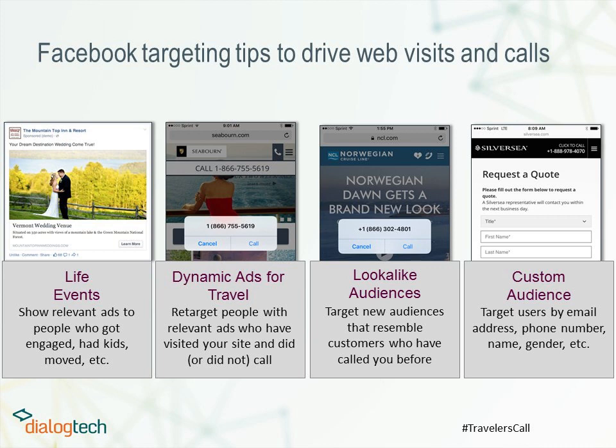And lastly, there's the custom audience targeting where you can actually upload email addresses or phone numbers of people and then show them special ads or special offers. So for example, if someone fills out a request a quote form but doesn't end up converting, you can show them a special offer on Facebook, having them come back to visit your site, call you, and convert.